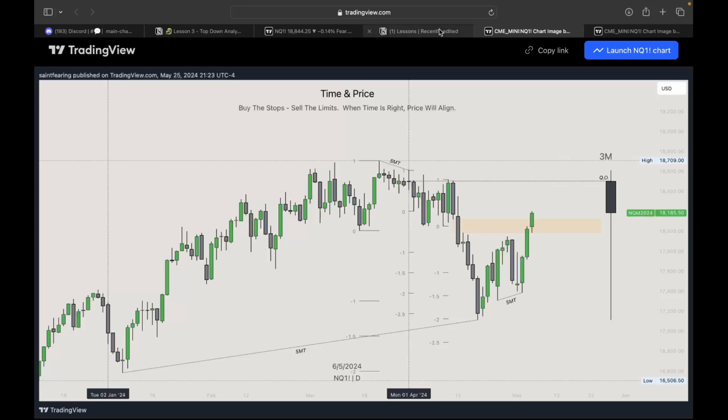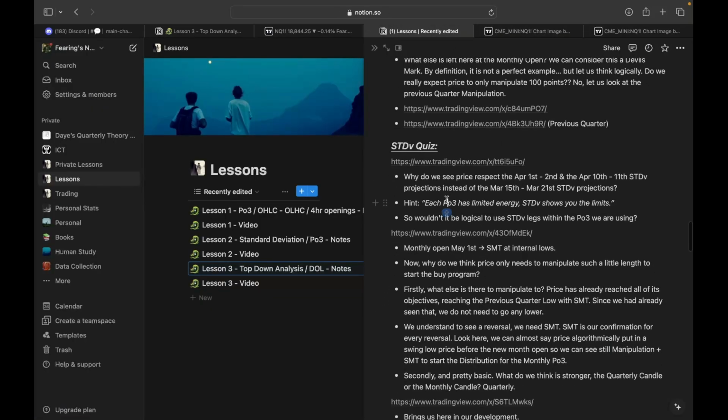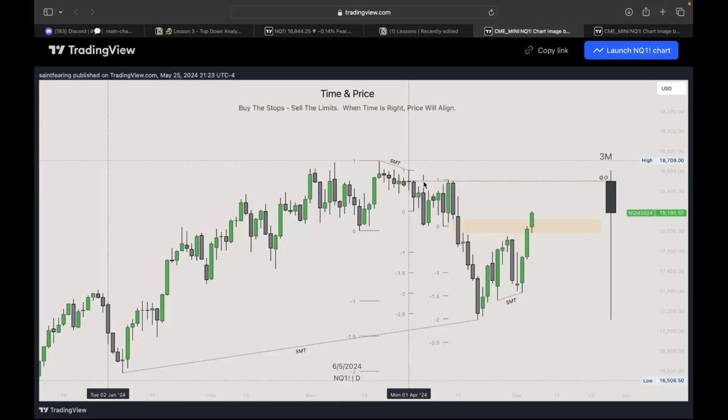It is because we need to understand each power 3 has limited energy, and standard deviation is going to be what shows us limits. So wouldn't it be logical to only use legs for standard deviation projections within the power 3 we're using?